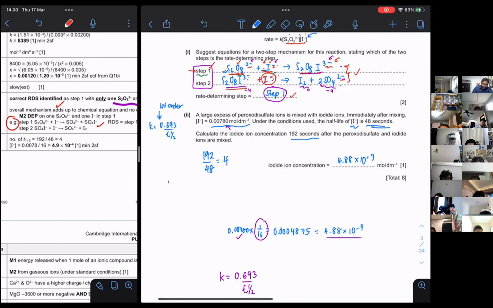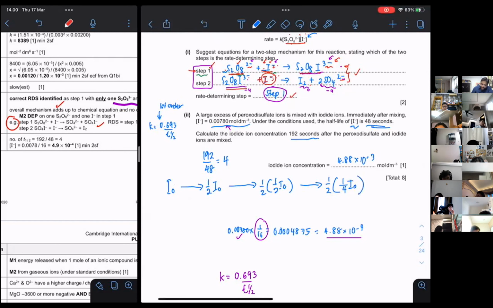Let's say the initial concentration is I0. For the first half-life, it will become half of the I0. And then the second half-life, half of the half I0. And then the third half-life, you will get half of that, maybe 1 over 4 I0. Just count.